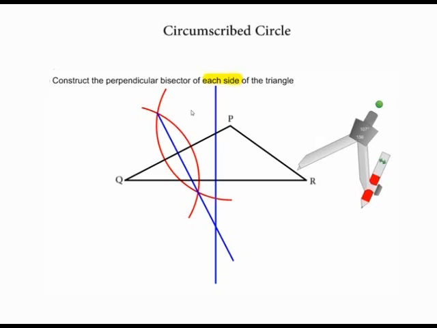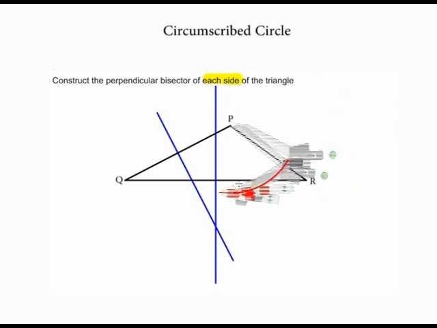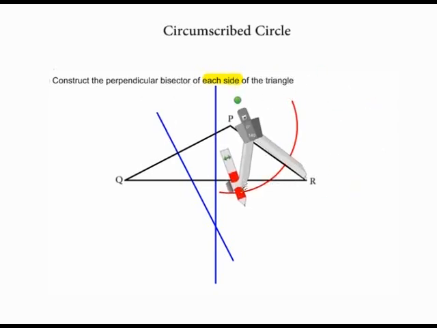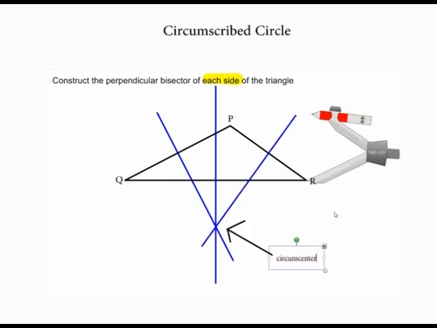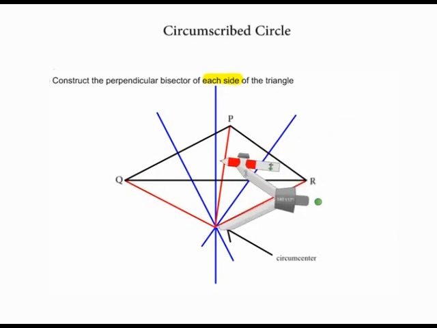The third side is not necessary, and even if we were to do it, it will still intersect at this same point. If this is the circumcenter, this distance is equal to this one and should be equal to this one. And now we can construct the circumscribed circle.